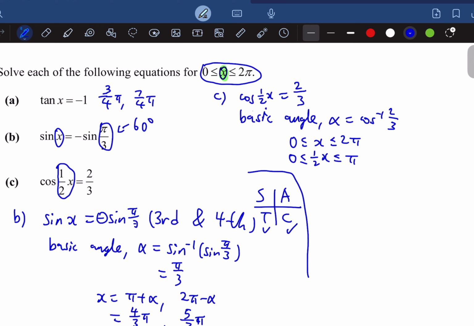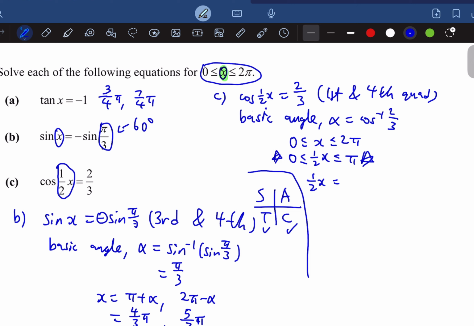So with that, half x equals to, because cosine positive is in our first and fourth quadrant, but because the range over here only rotates 2 quadrants, there's only one answer. We won't go to the fourth quadrant, so we need to be very mindful. That's why the range here is really to guide us on how many answers to provide.